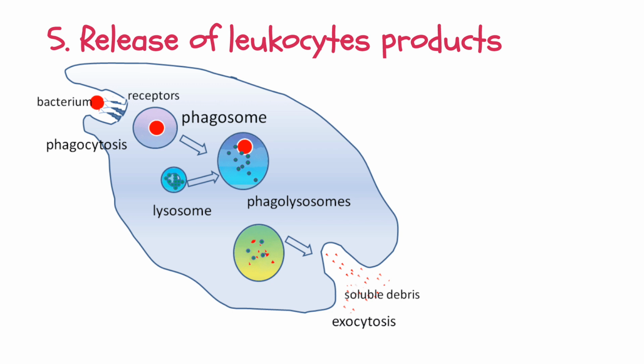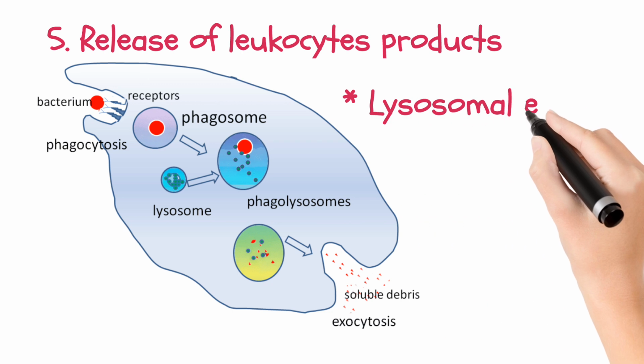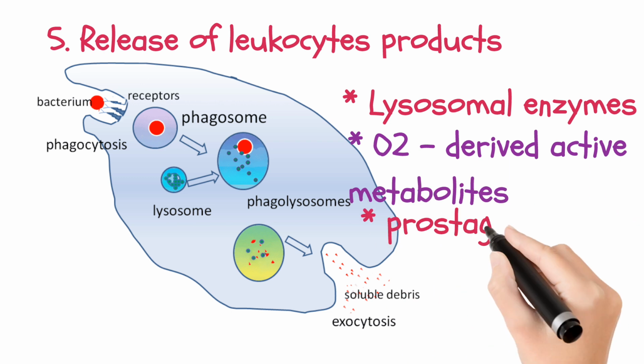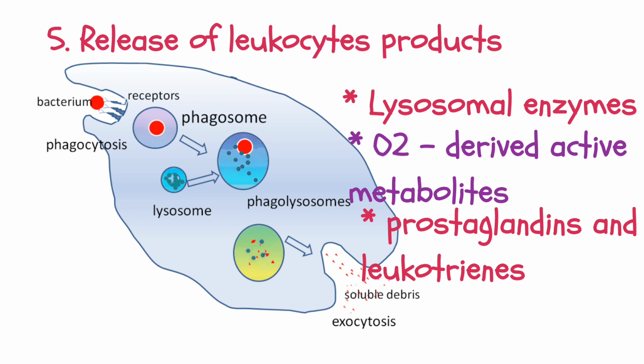The most important of these substances in neutrophils are lysosomal enzymes, oxygen-derived active metabolites, prostaglandins, and leukotrienes. These products amplify effects of the initial inflammatory stimulus. They are also powerful mediators of endothelial injury and tissue damage. So if persistent and unchecked, leukocytes themselves become the offender and inflict tissue injury.